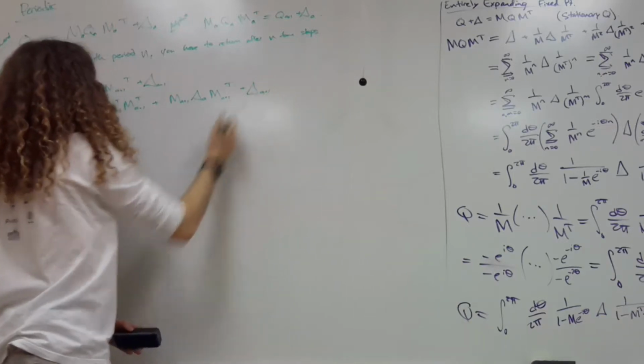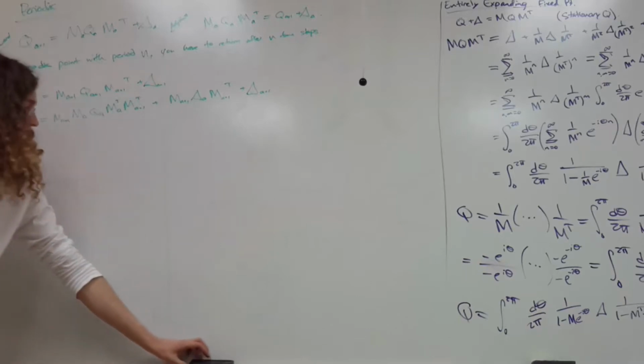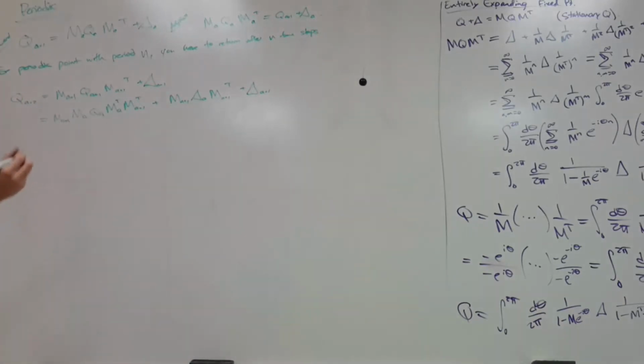For a stationary point, we'd set this one equal to that one. So for your stationary distribution, you'd set it to come back after 2 time steps instead of just 1. For 3, you do a very similar thing.